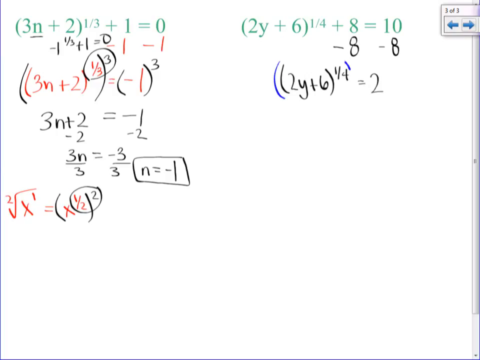Make sure you're not timesing by 4, but you're actually raising it to the 4th power. So now these turn into exponent of 1, so we've got 2y plus 6 over here. What's 2 to the 4th power? 16. Subtract 6.